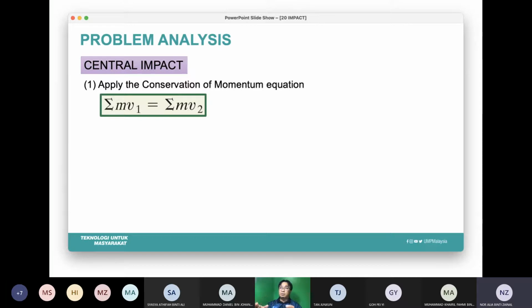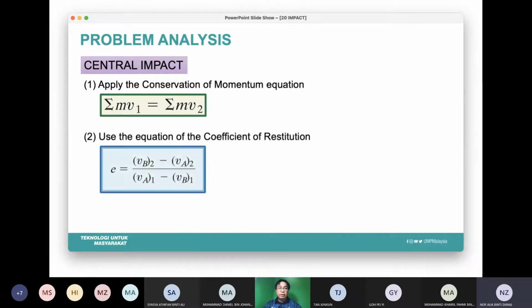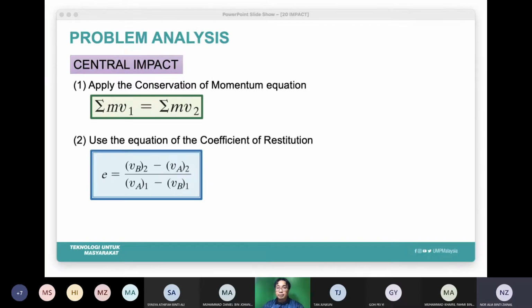So macam mana kita nak solve kalau kita ada dua unknown dalam satu equation? So we need another equation. That is why we have to use the coefficient of restitution untuk membantu kita menyelesaikan problem dalam problem impact inilah. So I will show you about how to solve the problem.